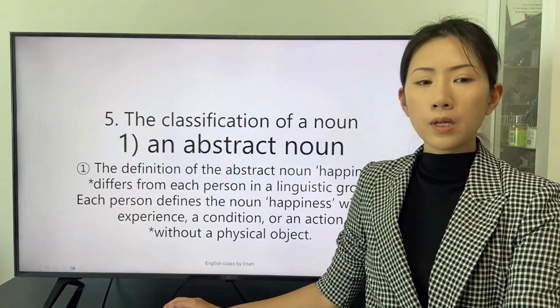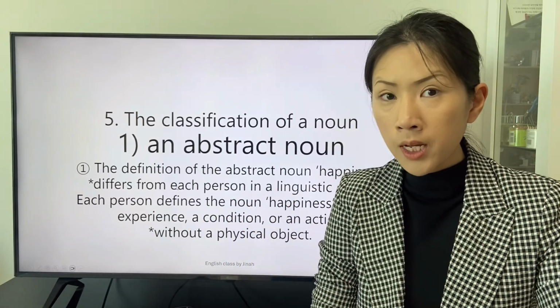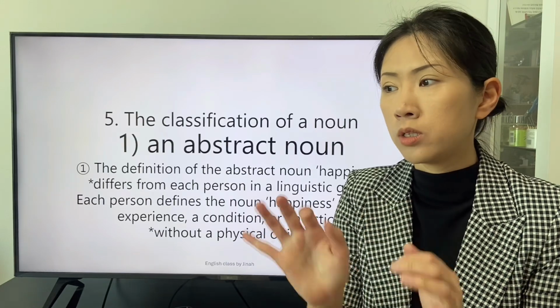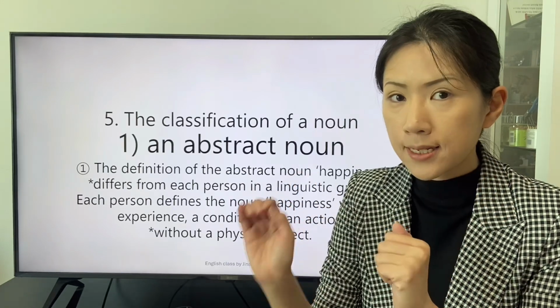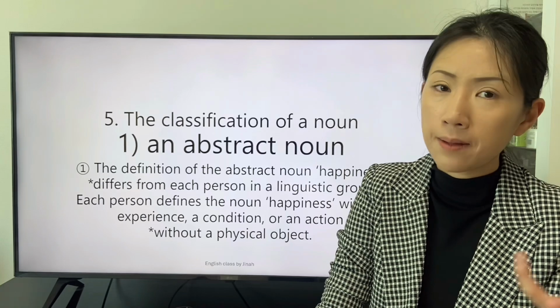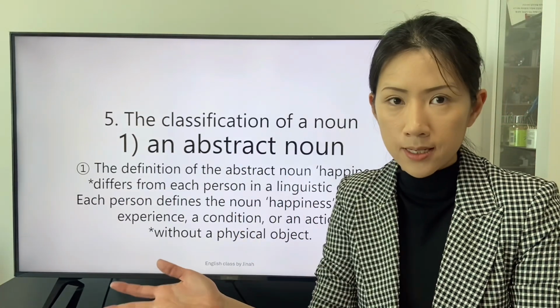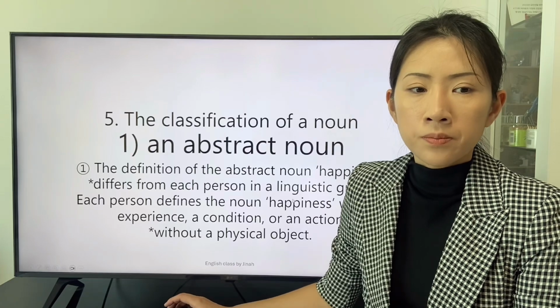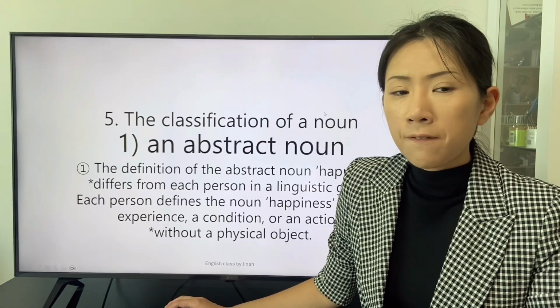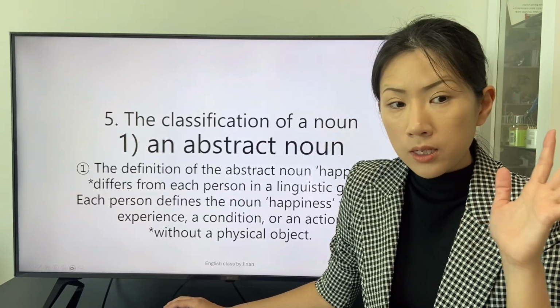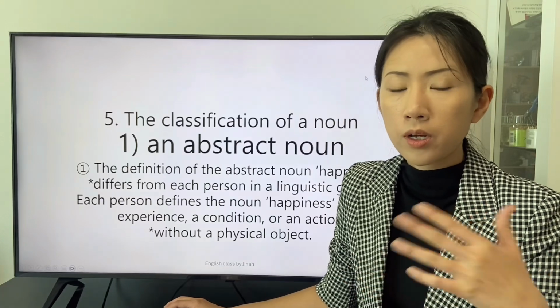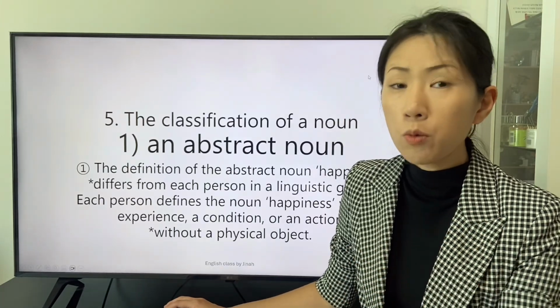And if you tell me your own definition on the object happiness, I will accept your own definition on happiness. So the definition of the abstract noun differs from each other in a linguistic group.